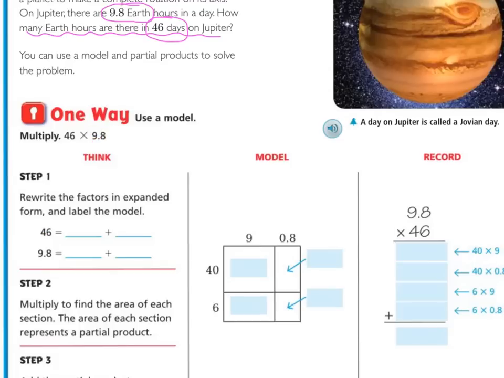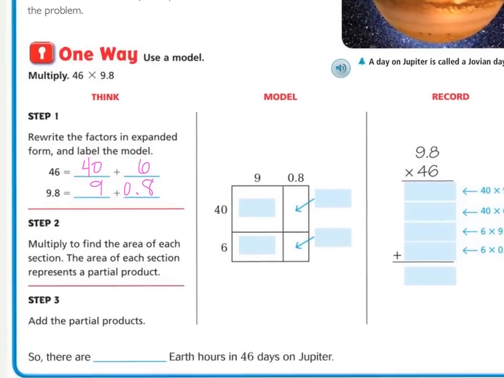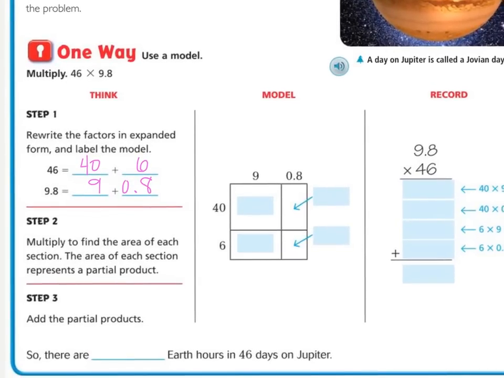So 46 as expanded form, the 4 is 40, and the 6 is 6. 9 and 8/10 expanded form is 9 plus 8/10, and you can have that 0 there as well. And then step 2 is to actually multiply to find the area of each section, and the area of each section represents a partial product. So that's what this is.